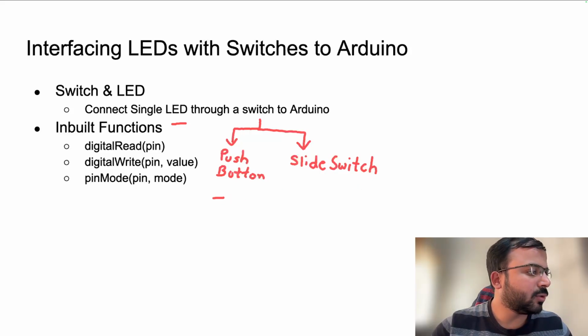In general, you know that the symbol of a switch is like this, right? You will have a single pole, and you'll have a single throw.